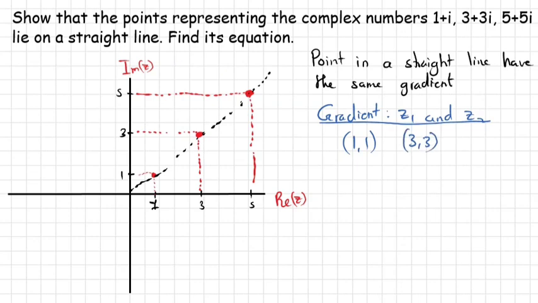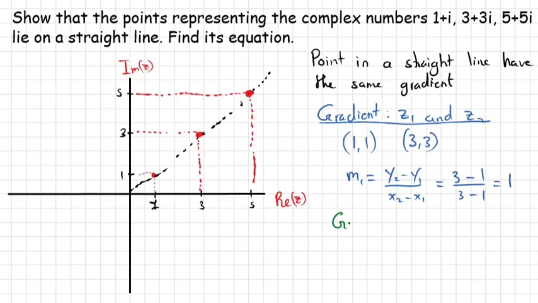To find the gradient, M1, I'm going to use the formula y2 minus y1 over x2 minus x1. So y2 is 3, y1 is 1, over x2 which is 3, and x1 which is 1. So this gives us 2 over 2, and 2 over 2 is simply 1. So we have found the gradient between those 2 points.